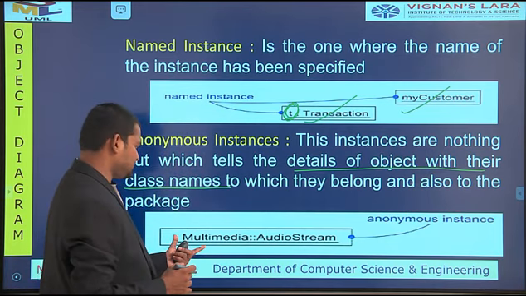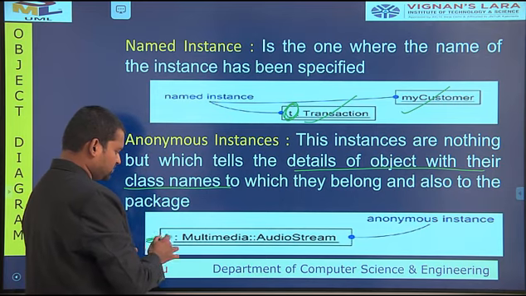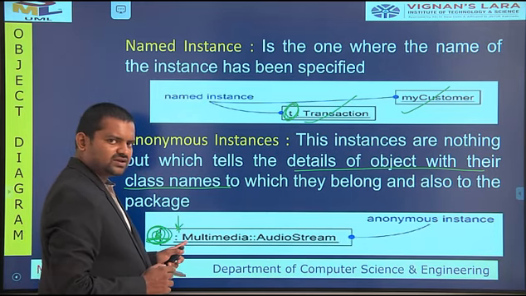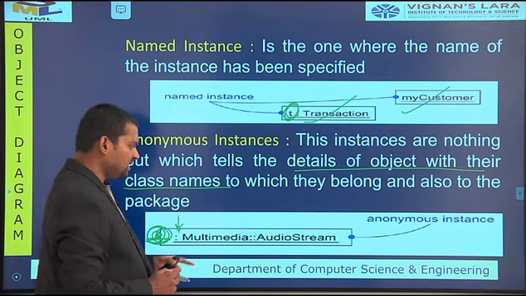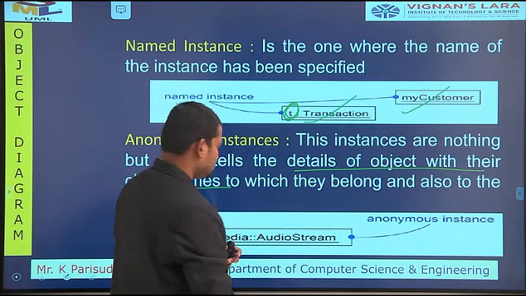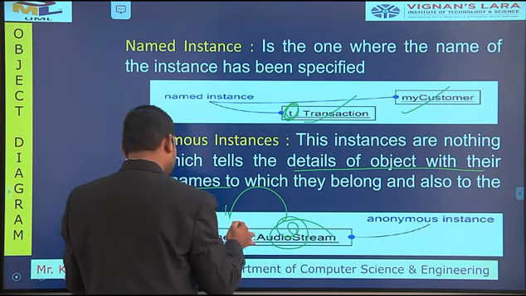See, the anonymous instance representation is this. Here you can give the name of the object, before the colon. After the colon you give multimedia, and under that multimedia, audio stream. Actually, audio stream is available in the multimedia.